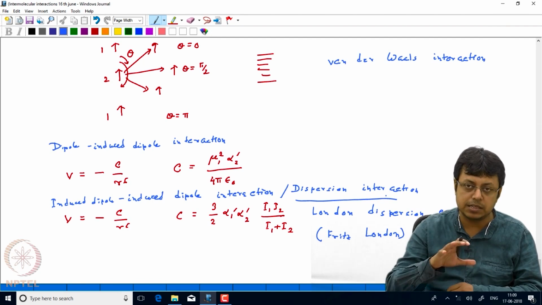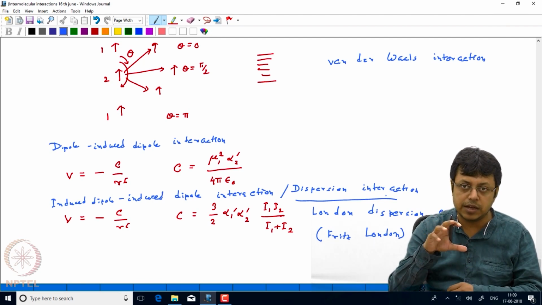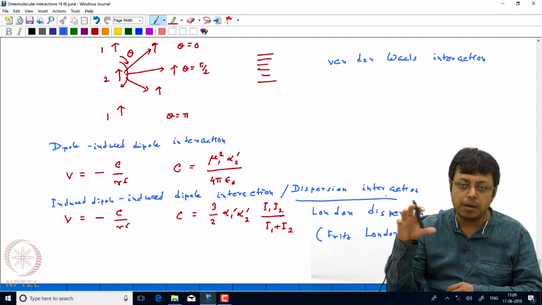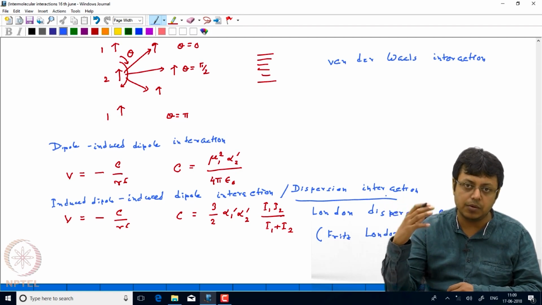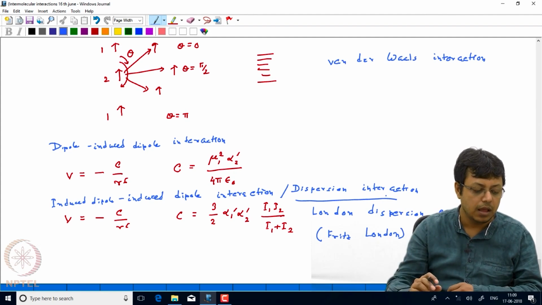So sometimes some textbooks talk about Van der Waals interaction and mean the dispersion interaction itself. But more generally, Van der Waals interaction means the attractive interactions between the molecules, which can also be dipole-dipole, dipole-induced dipole, or induced dipole-induced dipole kinds of interactions.